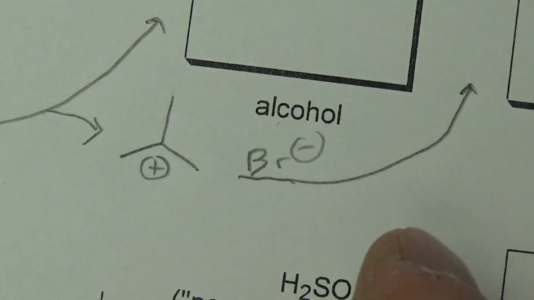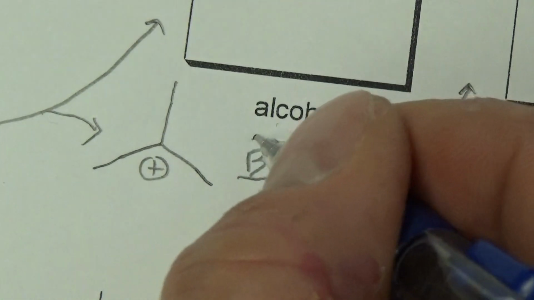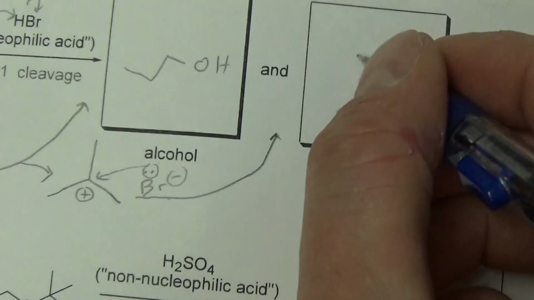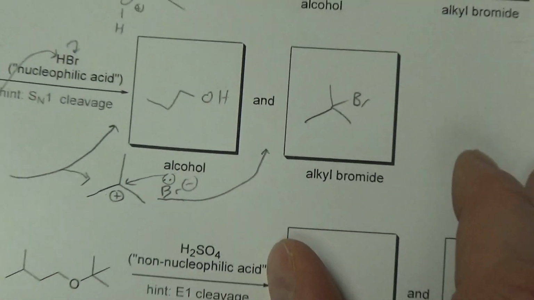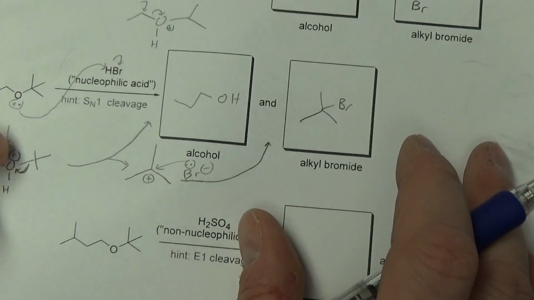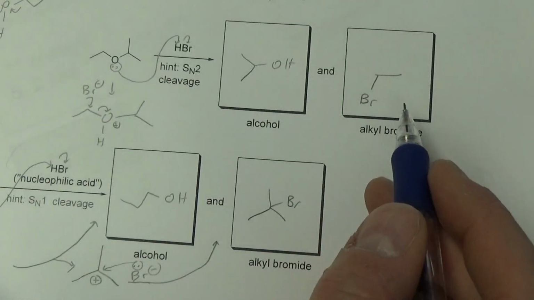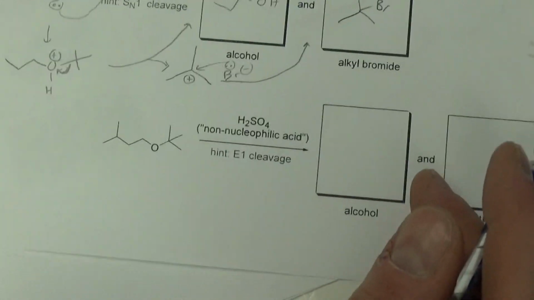What happens when Br minus attacks that tertiary carbocation? It forms a bond to it, and then it makes an alkyl bromide. So now the Br went to the more substituted side when it does an SN1 cleavage, and that contrasts from the last one where the Br went to the least substituted side. All right, that's an SN1 cleavage.